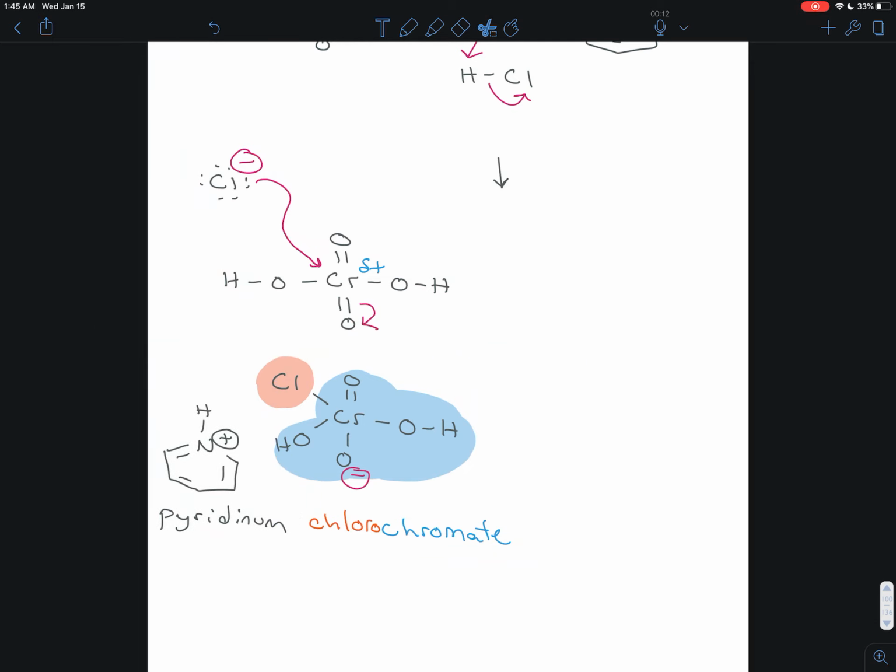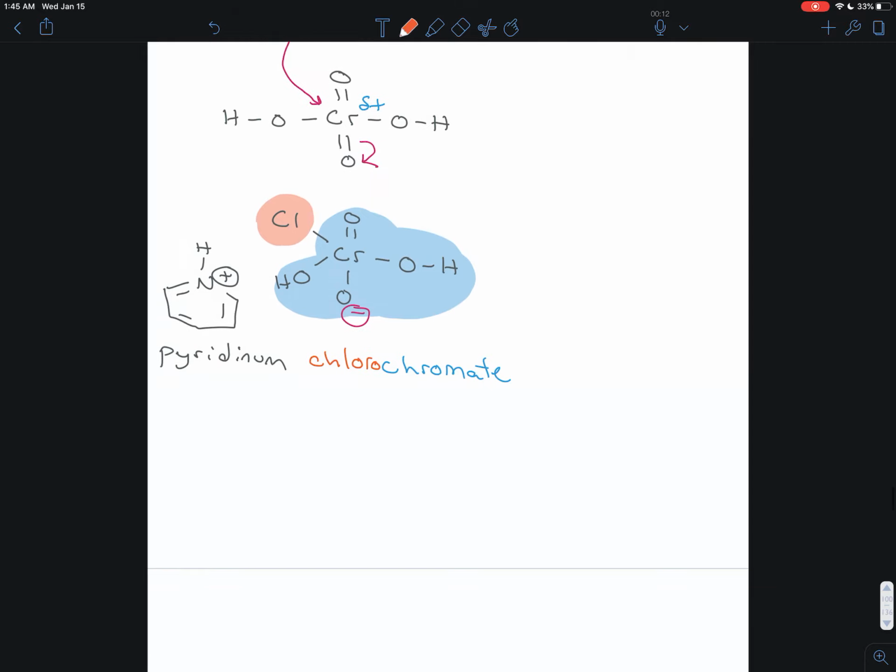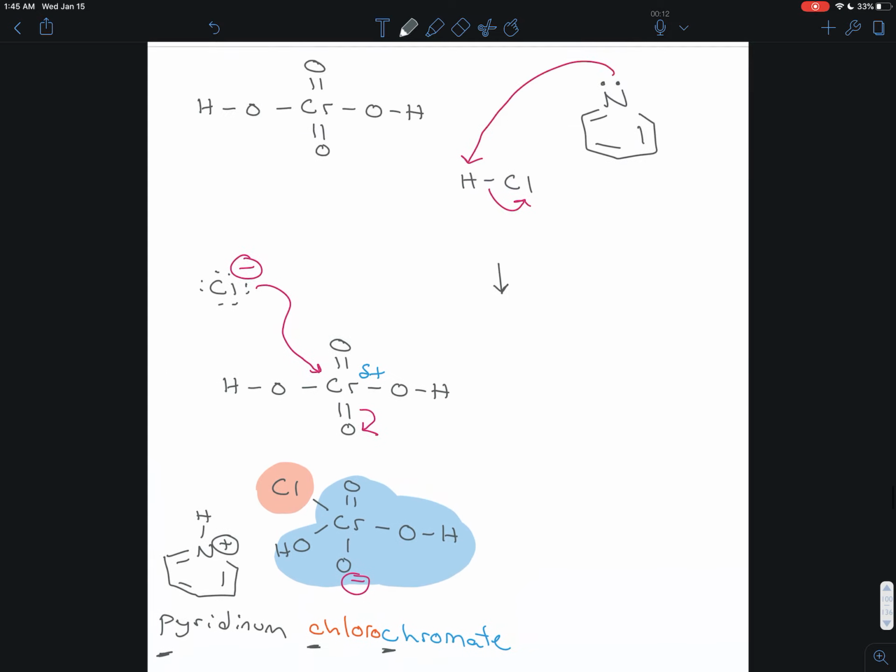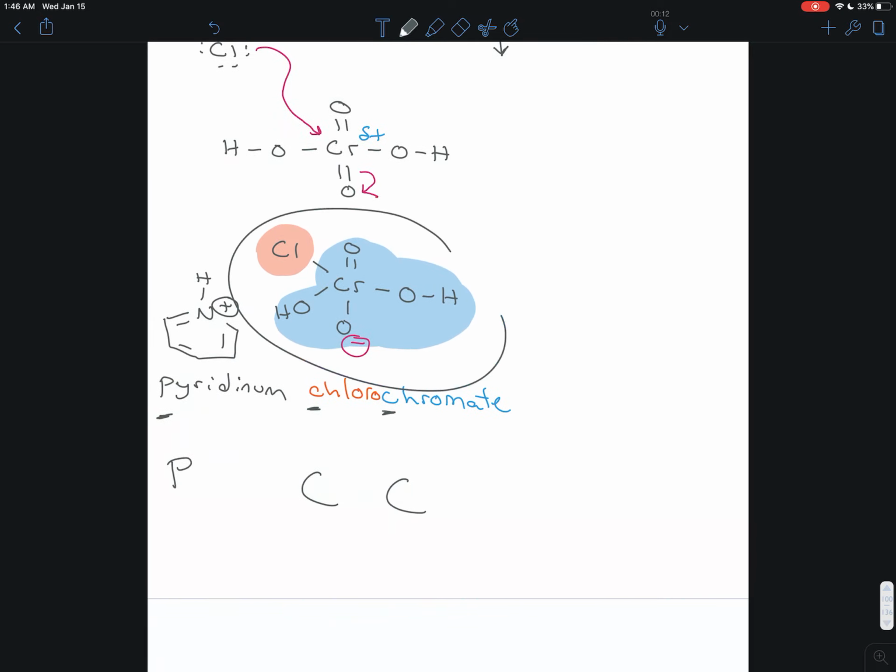And so you end up getting pyridinium chlorochromate, PCC. And the crucial thing is that we made this reagent. This is going to be able to react as a chromium reagent and as a good leaving group, to create a good leaving group in oxidation reactions, just like the chromic acid will.